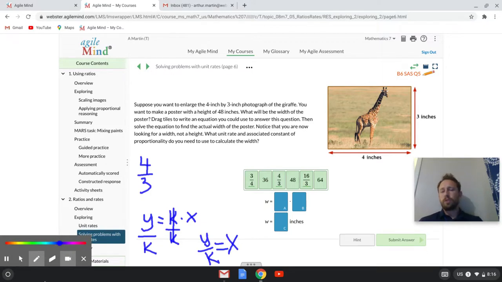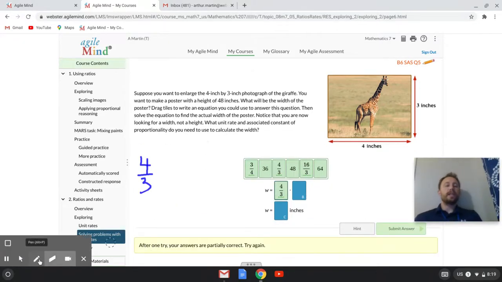So what can we do to determine our new width? Well, let's take what we have. In answering this problem, remember that our constant of proportionality is 4/3. So we need to take 4/3 and multiply it by the number of inches that we already have.